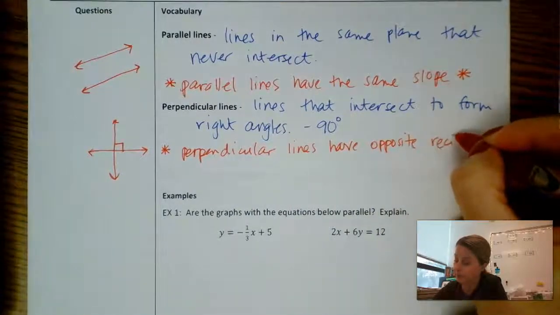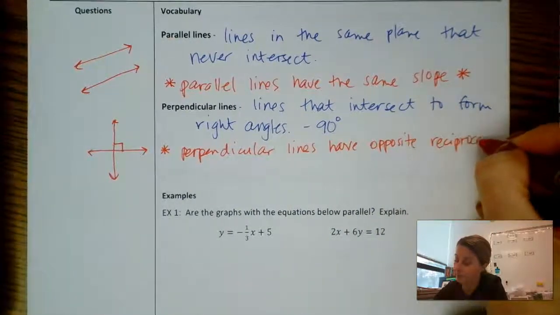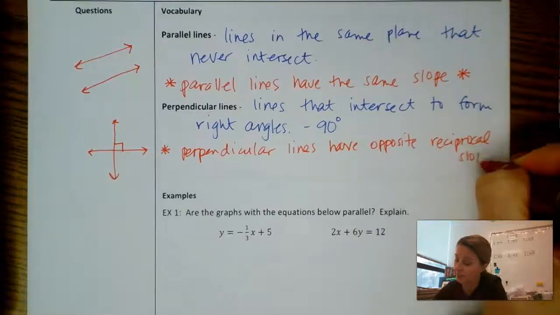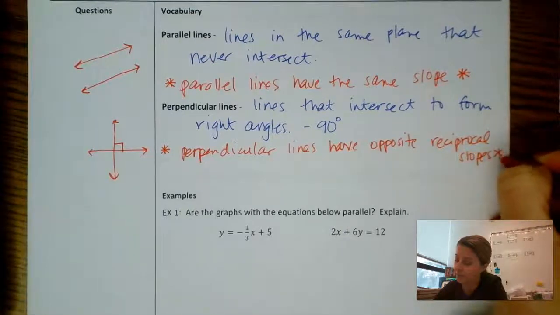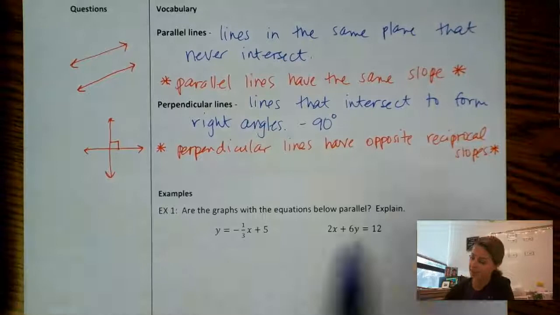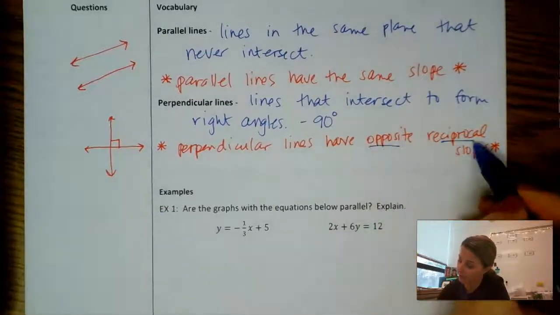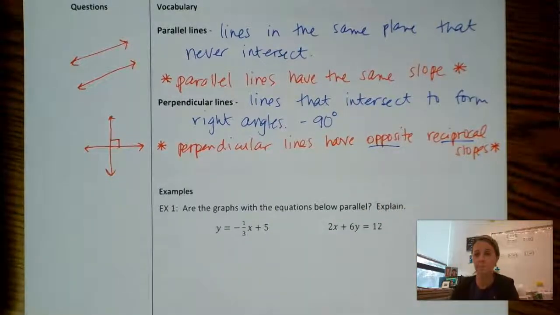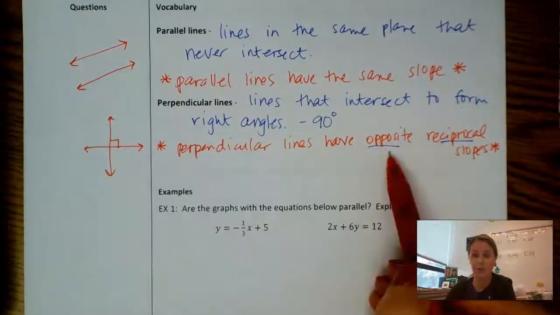I'm going to underline opposite and reciprocal. Opposite refers to, if numbers are opposite in math, one's positive, one's negative. Reciprocal is when you flip a fraction over. If you want to add a note there, you can.